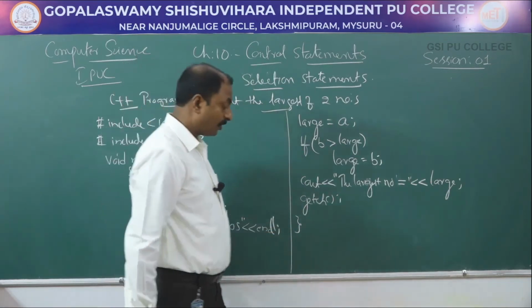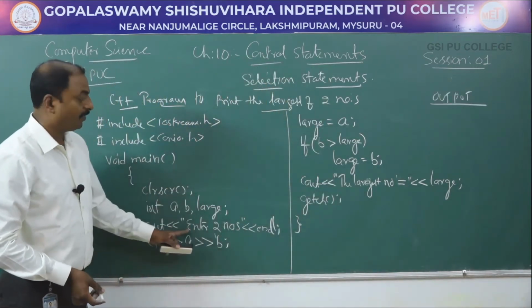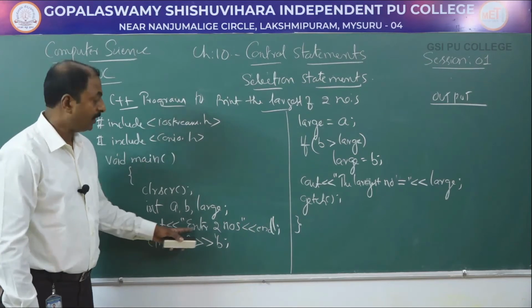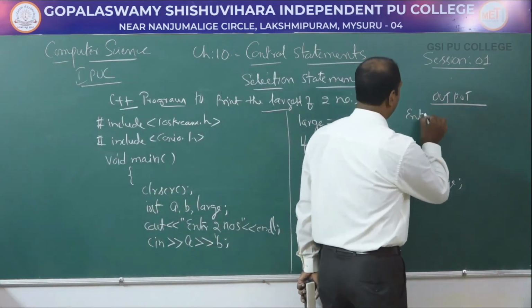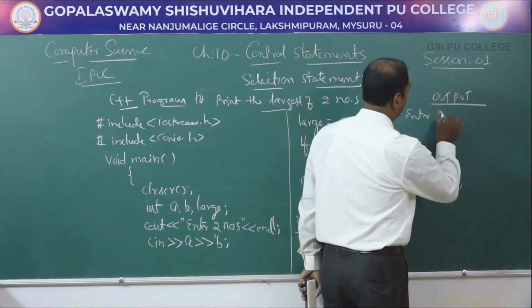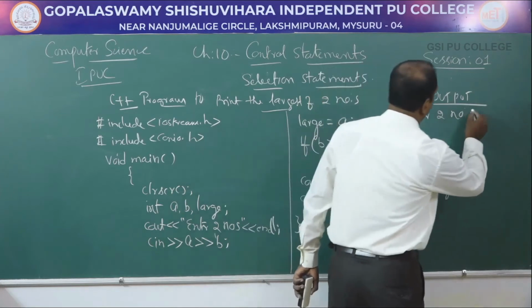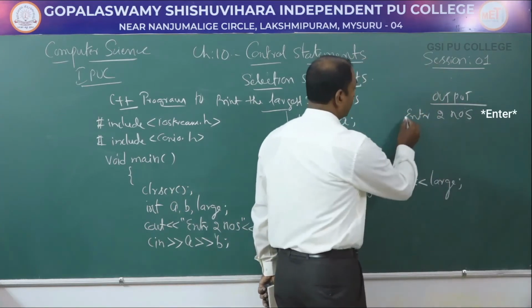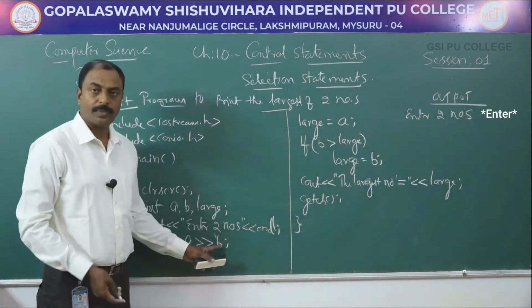So what will be the output of the program? Here the first thing is we are getting a message, enter two numbers. Then immediately after this we are supposed to enter two numbers.